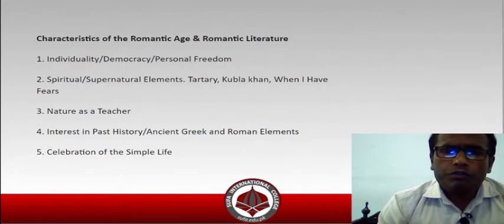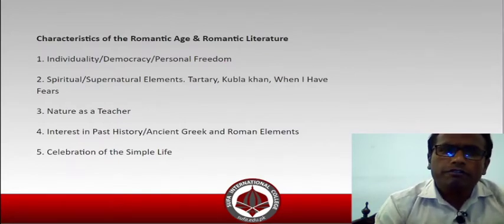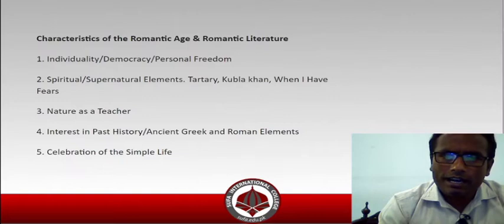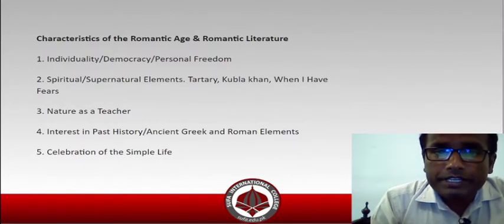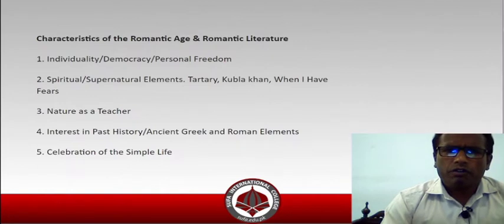When we talk about individuality, it means that we believe in one individual as a unique phenomenon of nature, that every person is unique in his disposition and must be given proper respect. Then democracy, as opposed to dictatorship.